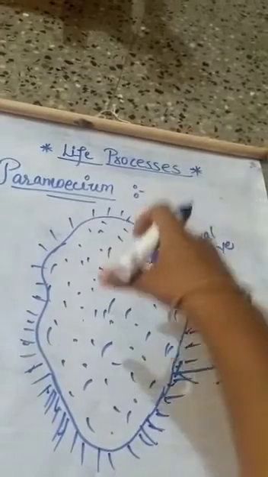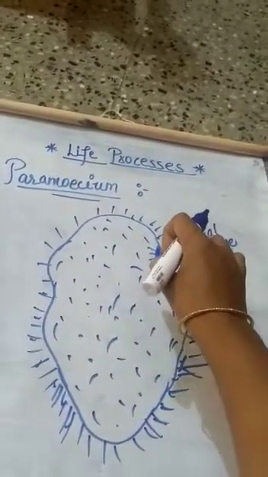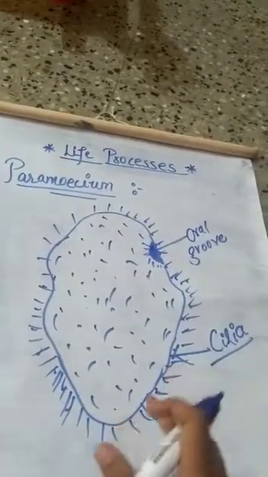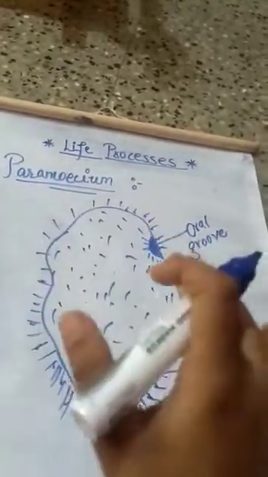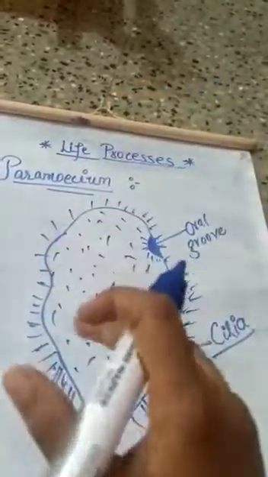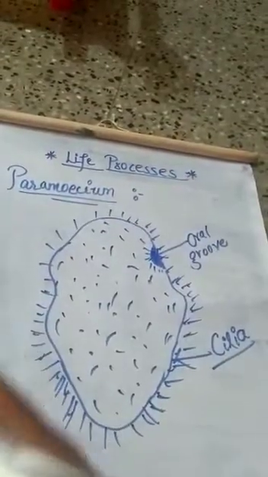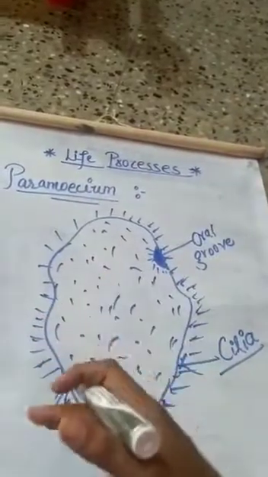So food enters into the body. Then there is a specific point where the food enters, and the Paramecium moves through the water current. So there is a water current, meaning waves, or the way the water flows. In that manner the Paramecium also flows.